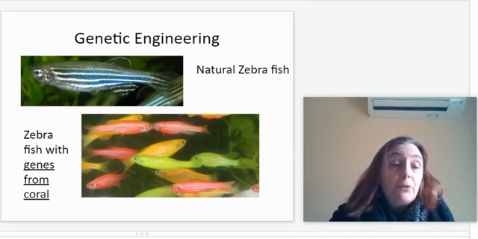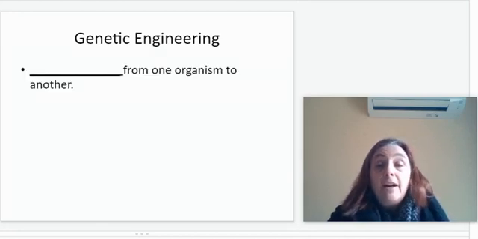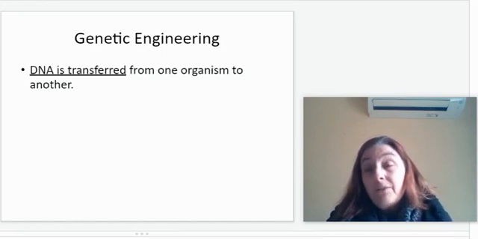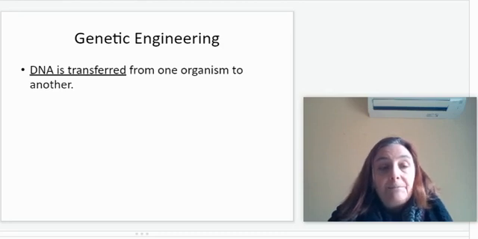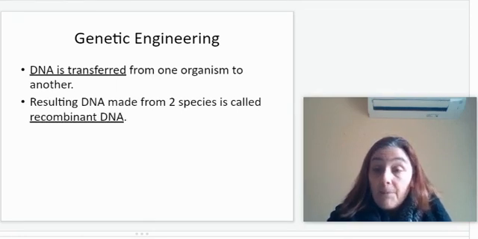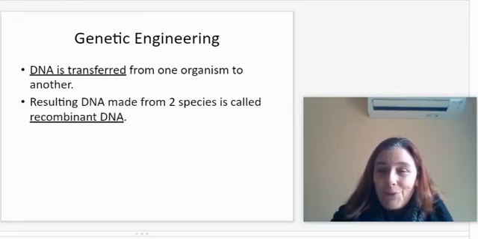So to kind of go through how that works, genetic engineering is when the DNA is transferred from one species or one organism to another. And if you change the DNA, then you're going to change the mRNA, and then you're going to change the protein.